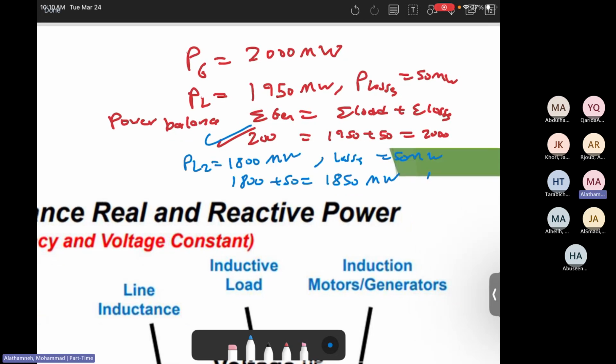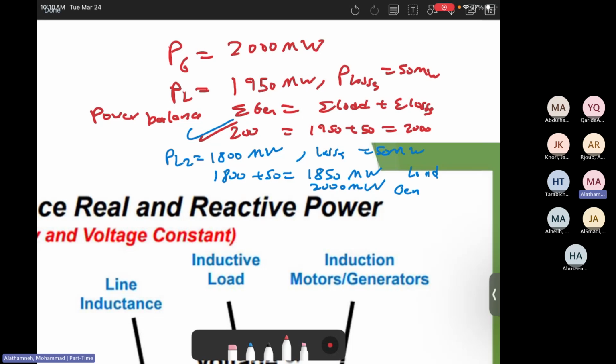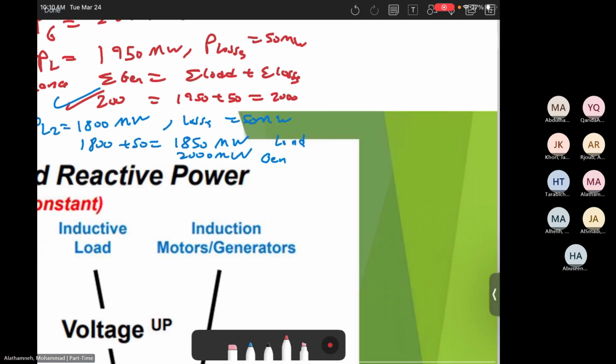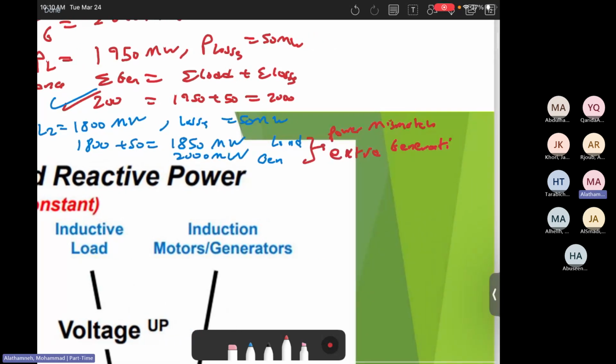This is load, while the generation is 2000 megawatts. So there is a mismatch. We call it power mismatch, which means there is extra generation, extra generation by 150 megawatts.